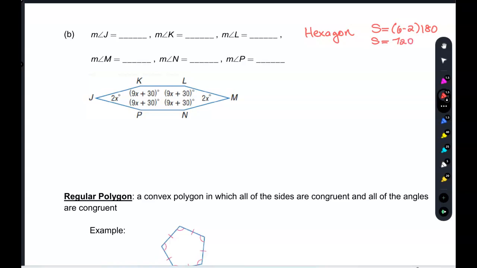Okay, so now I've got two 2x's. And how many of the other ones? 4. So rather than adding them all up, I think it's easier just to multiply. So all of these 6 angles have to add up to 720. Okay, so let's go ahead and solve. Let's see what we get.